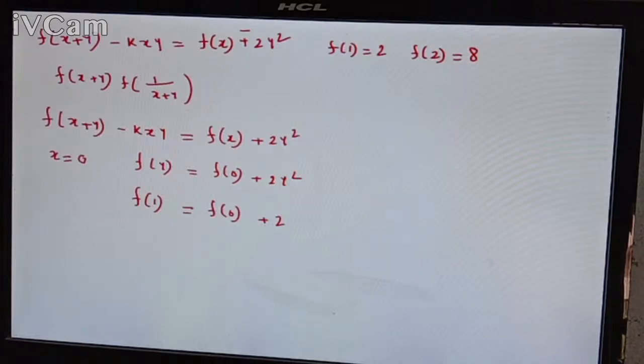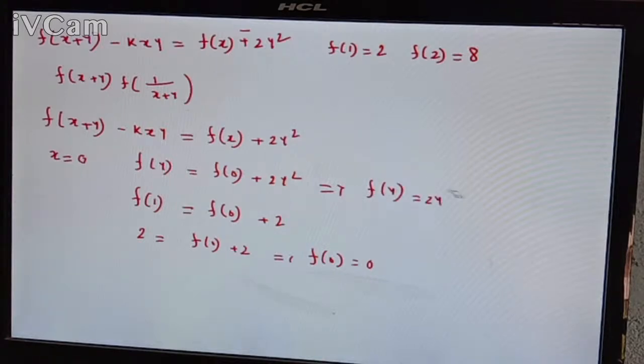Now we know that f1 equals 2, so 2 equals f0 plus 2. Therefore, f0 equals 0. Hence, from that step, we will get f of y equals 2y square, and that implies f of x equals 2x square. So we have got the function that f of x equals 2x square.